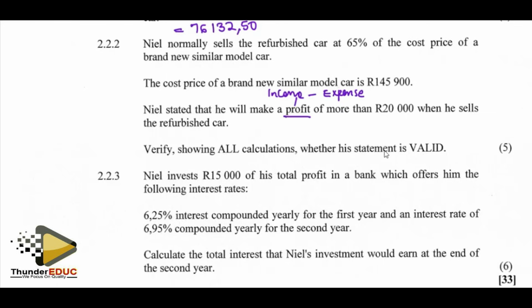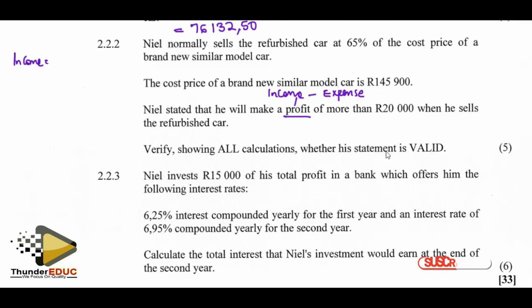So the income, they said the income will be 65% of the car, the new price. So we shall look for the 65. But here we are looking for income.